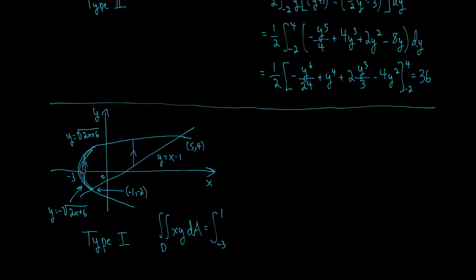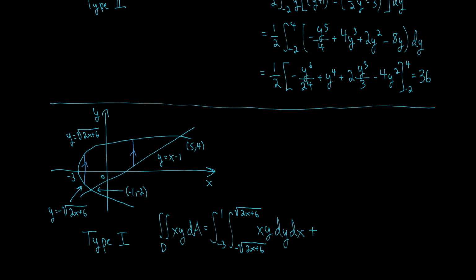That's this first part over here, where the top is this top part of the parabola, the bottom is the bottom part of the parabola. So that means that I go from minus the square root of 2x plus 6 to plus the square root of 2x plus 6. And it's still xy, but then it's with respect to y first and then x.